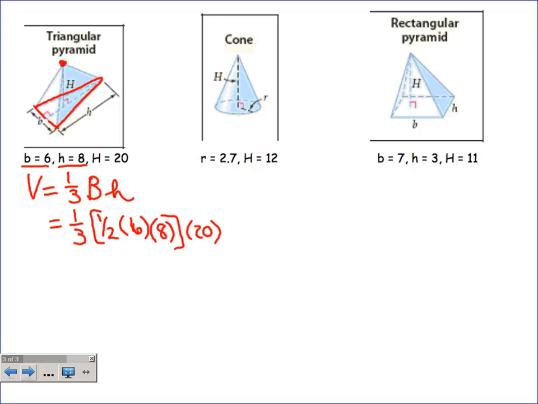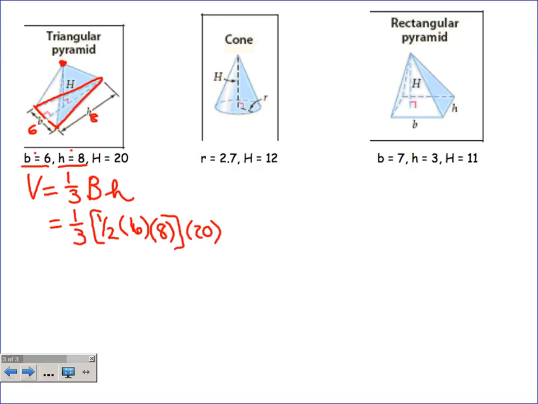If you look up here, this is 6, and this part right here is the 8. So for the triangle, it's 1/2 the base times height. Is that okay? What does the H stand for? This capital H is how tall the pyramid is, so from this triangle, how far it is to get up to that point. It's really hard to see. Times that all by 1/3?